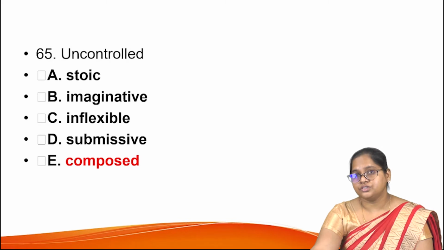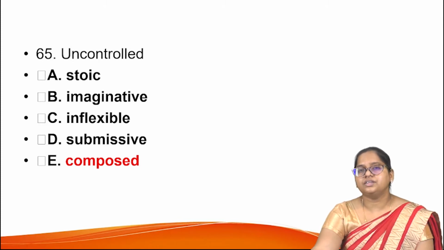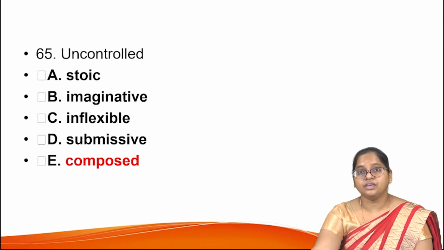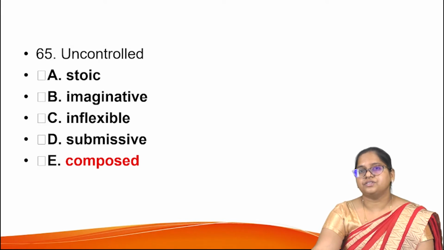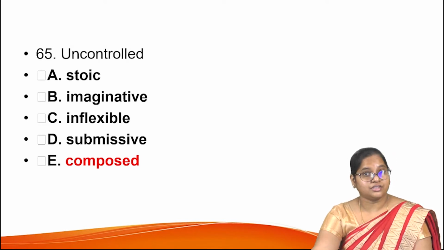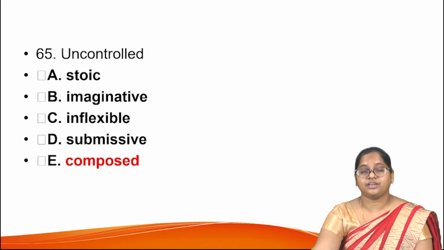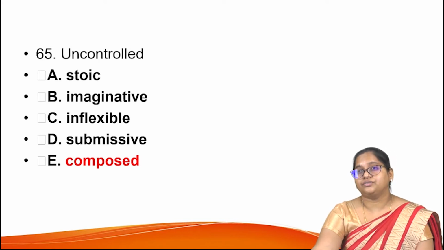Next, uncontrolled. Uncontrolled: A, stoic; B, imaginative; C, inflexible; D, submissive; E, composed. Again, stoic is asked, which has to do with feelings.